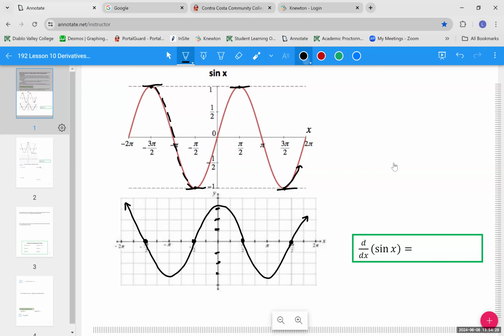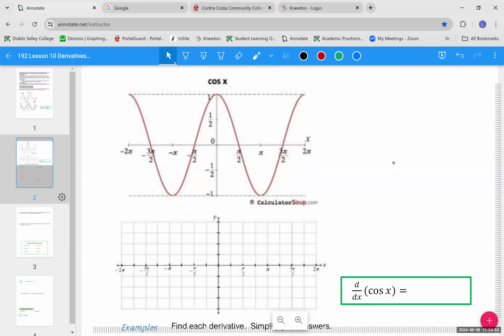What function does that remind you of? Guess what? It's cosine. We didn't necessarily prove this. We just went through that idea of trying to estimate the graph of the derivative, but it is in fact going to be cosine. So our derivative of sine is cosine.